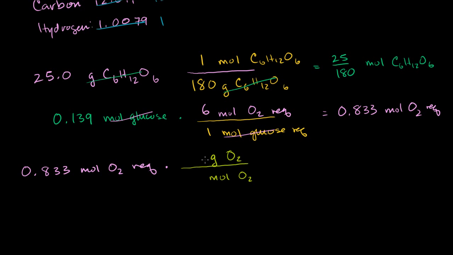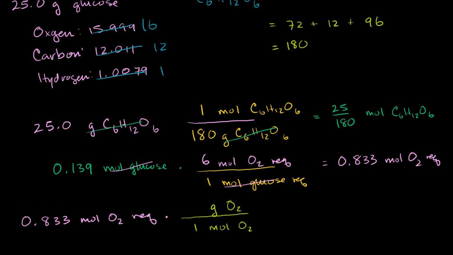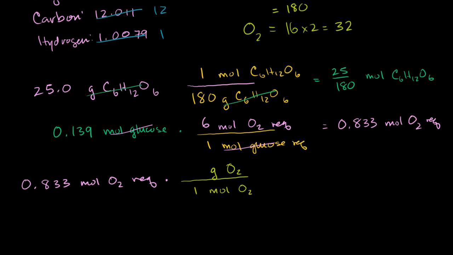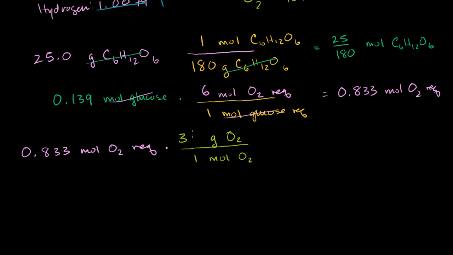So how many grams of O2 are there per mole? Well, we know the atomic weight of oxygen is 16. So the atomic weight of molecular oxygen, where you have 2 of these, the atomic weight of O2 is equal to 16 times 2, which is equal to 32. So it's 32 grams per mole.